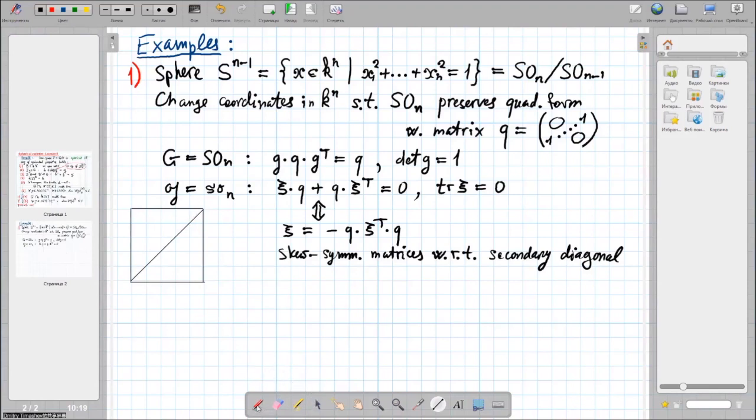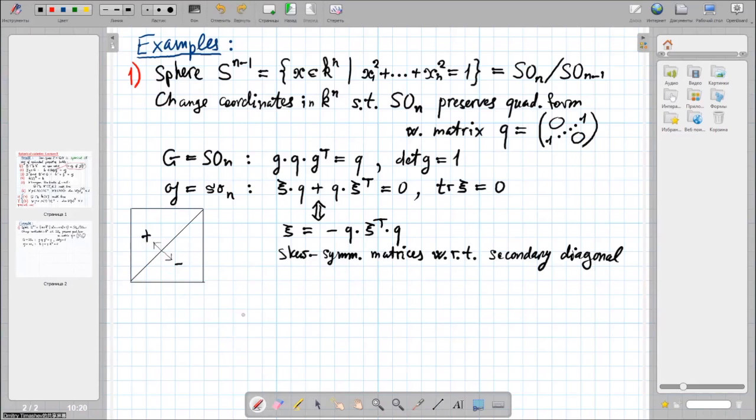So the matrices should be skew symmetric. Which means that when we reflect with respect to the secondary diagonal, we change the sign. So if we had sign plus here, we get sign minus here, something like this.